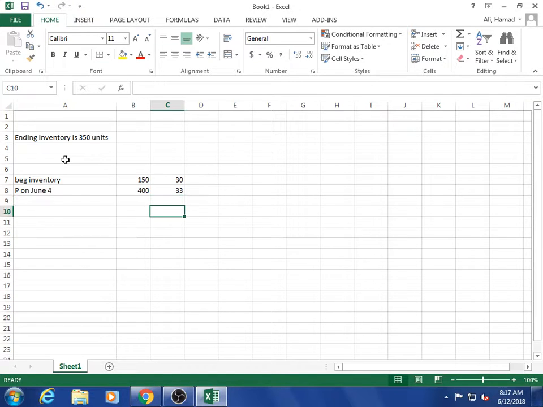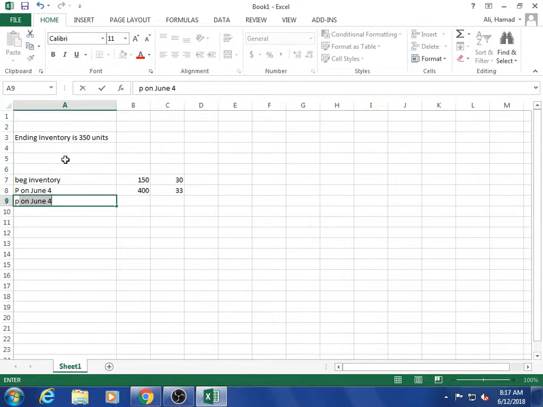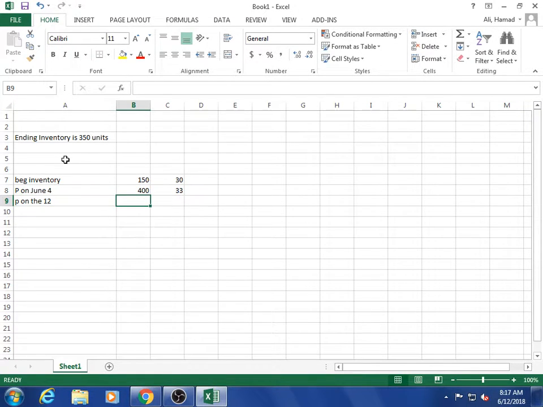Then another purchase on the 12th: 800 units at $36.